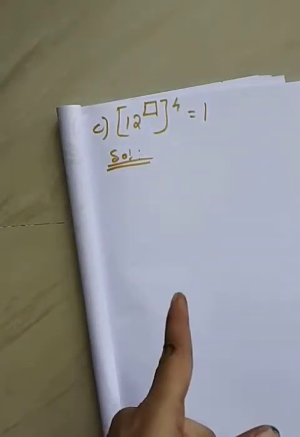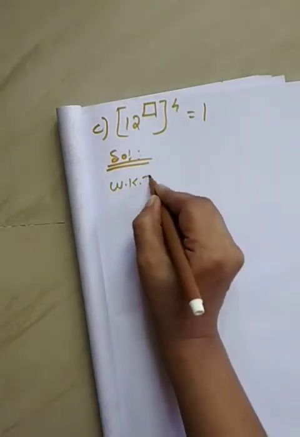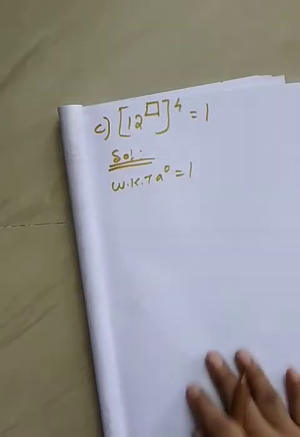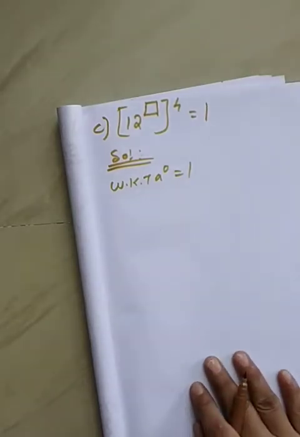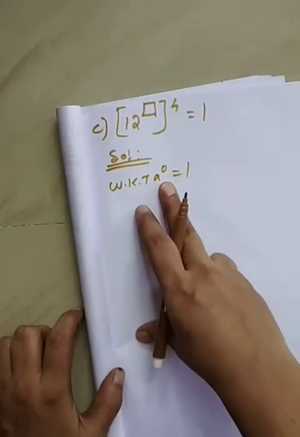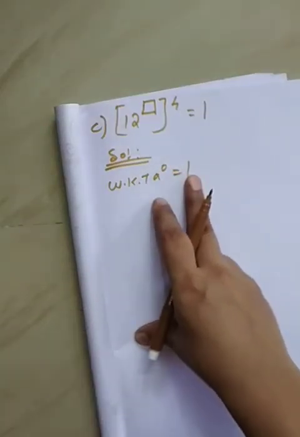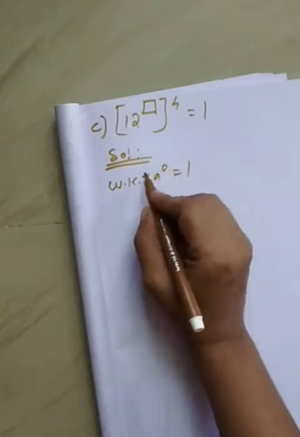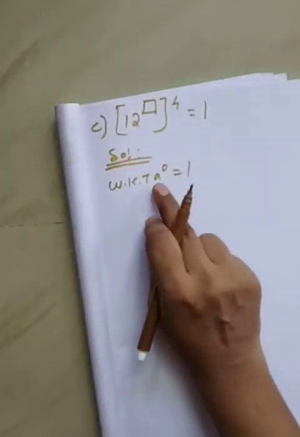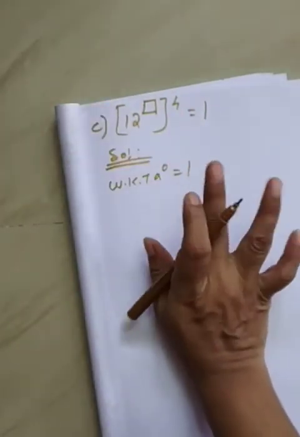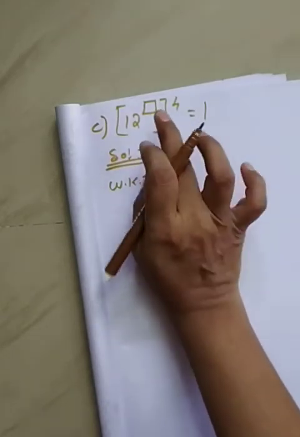The right hand side is 1, and everybody knows that anything power 0 is 1. This is the laws of exponent formula: a power 0 equal to 1. So here you can use it.